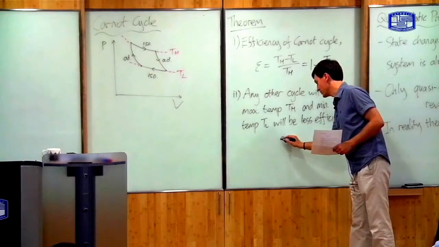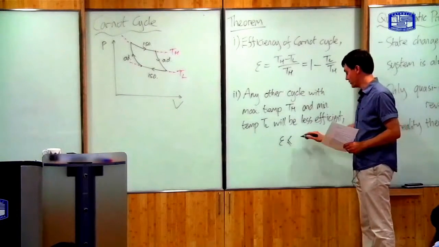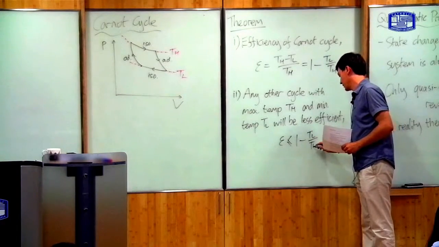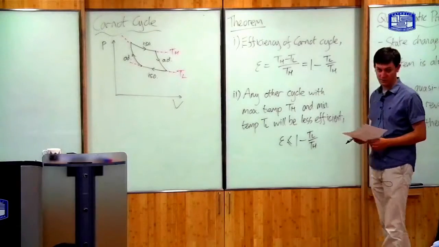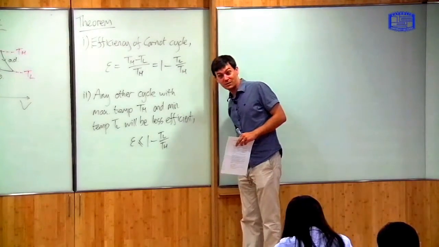In other words, the efficiency of any other cycle will always be less than the efficiency of the Carnot cycle. As I said, we'll prove this theorem using the concept of entropy.